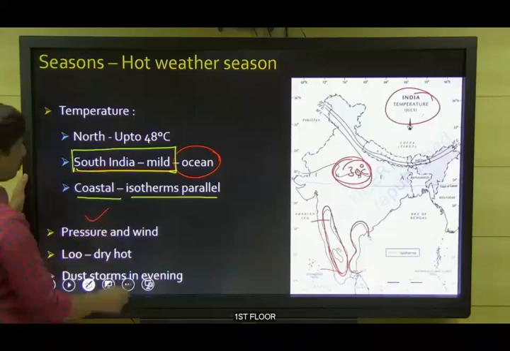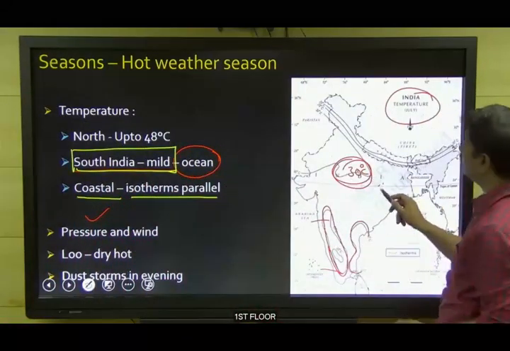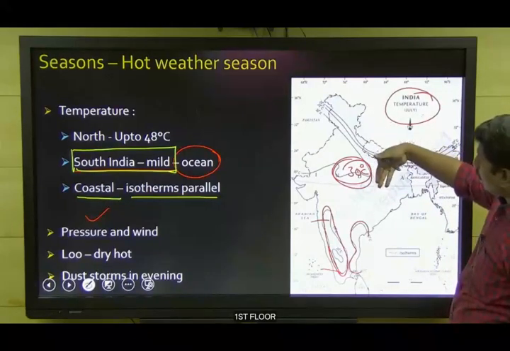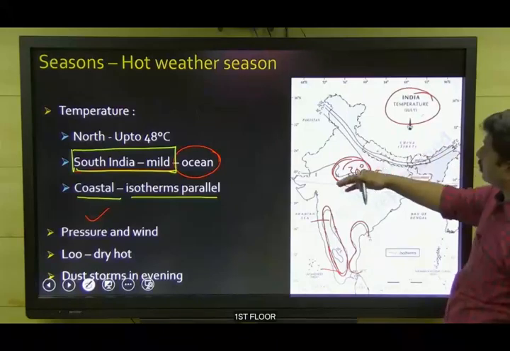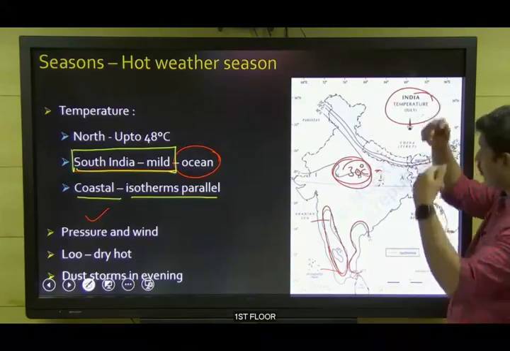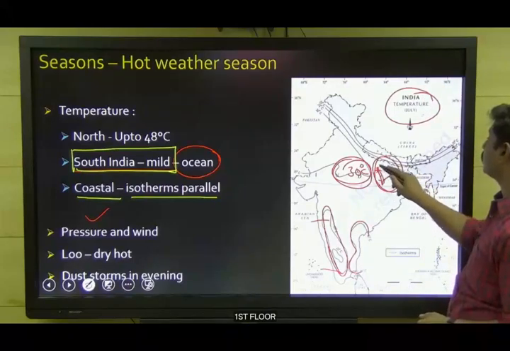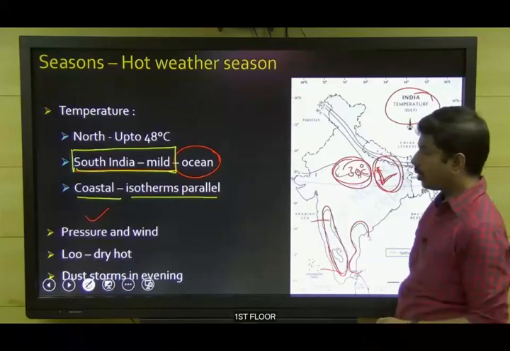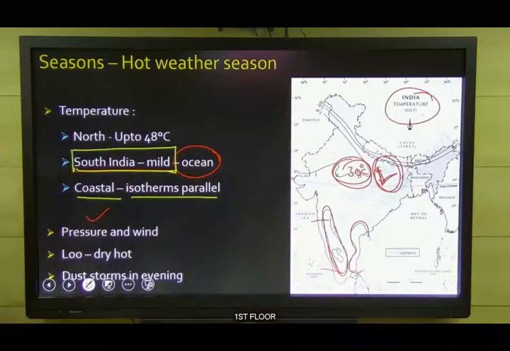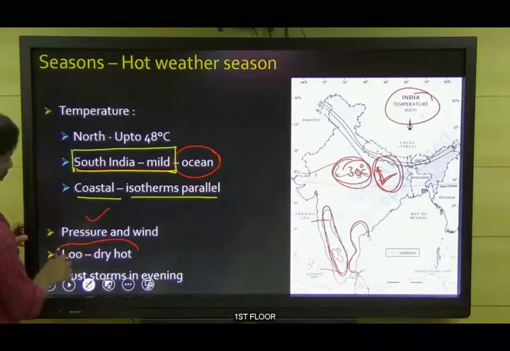What would be the pressure and wind? Since the summer is here, due to the high heat, the air mass, the air which is present here will be heated and that will rise up. So, low pressure will be created within the land. During summer, low pressure will be created within the land. Lu is a type of wind.